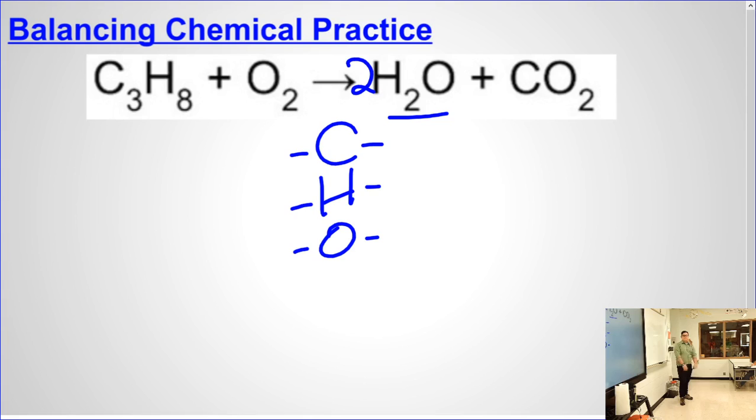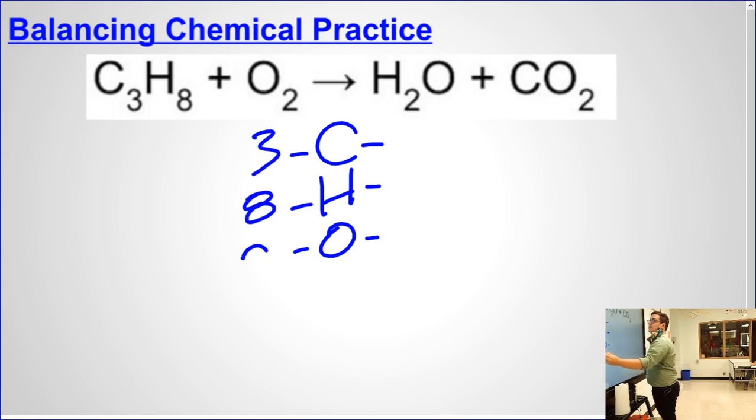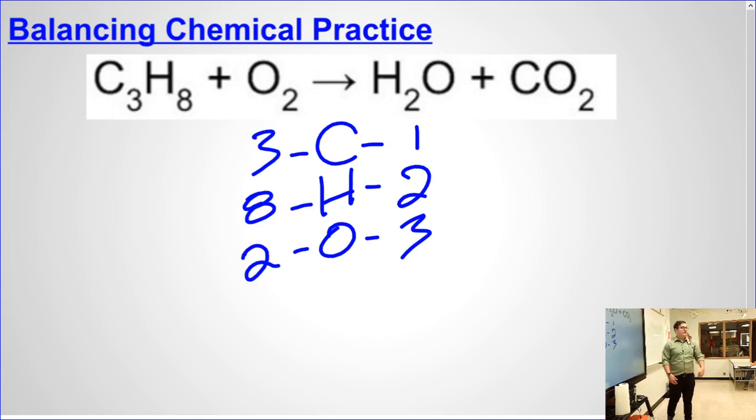Yeah. All right. Maddie? Isn't that what the product side is? Yes. It's the ratio of how much is produced. Right now we have 3, 8, 2, 2, 1, and 3. These ratios are wrong. How do we know they're wrong?